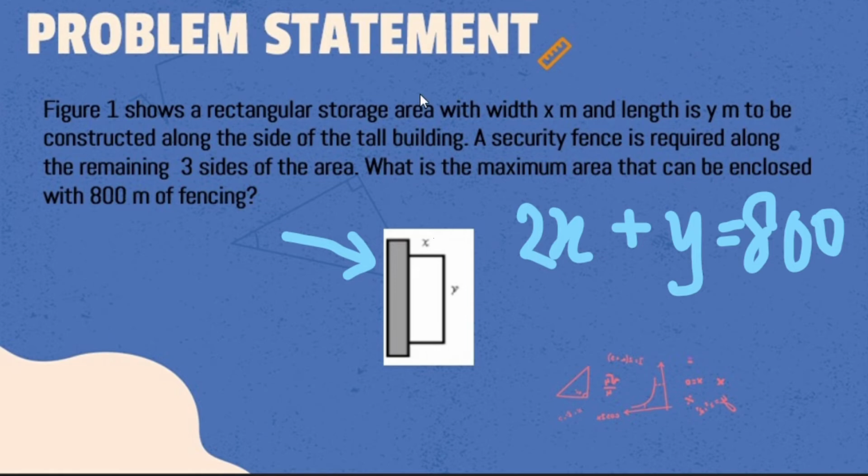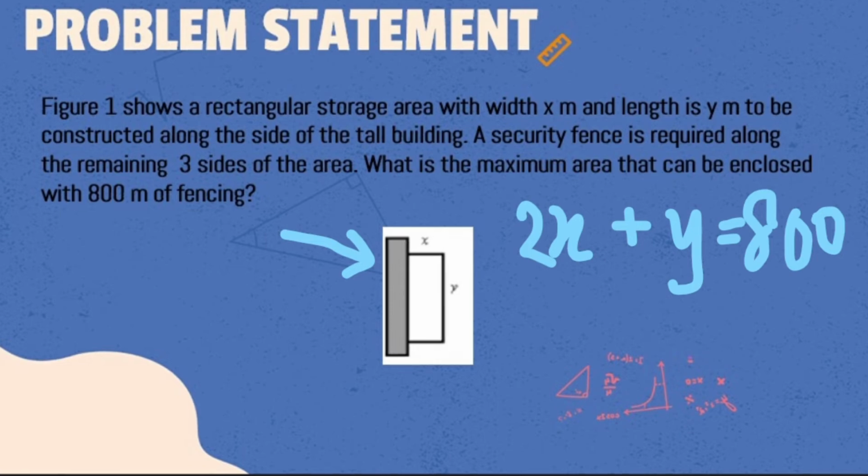And then they ask us to find the maximum area, so we have to find dy over dx and then continue with d squared y over dx squared to identify whether it is a maximum or minimum value.